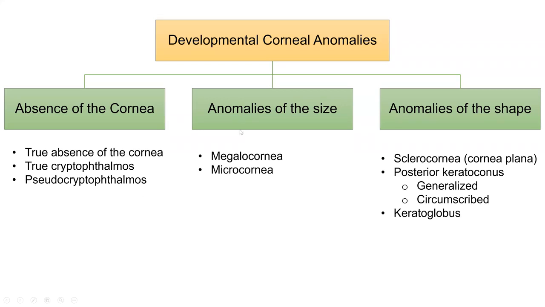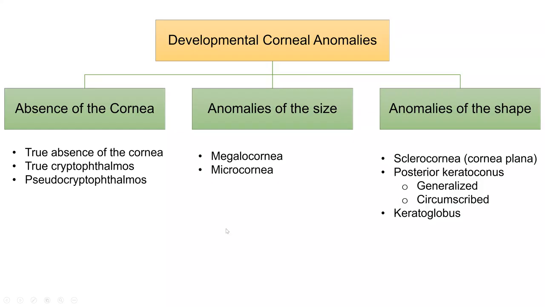Or it could be anomalies of size, like the cornea could be large, megalocornea, or small, like a microcornea. There could be anomalies of shape, like sclerization of the cornea, sclerocornea, or cornea plana, a flat cornea, where both can refer to the same entity, or posterior keratoconus, either generalized or circumscribed, or keratoglobus.